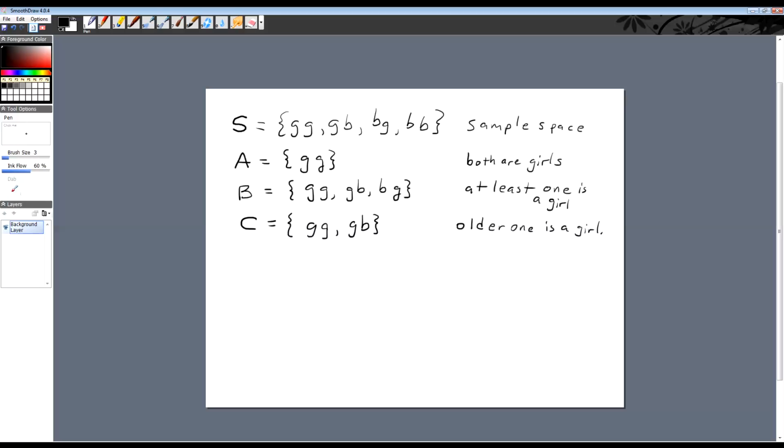Now the problem asks for find these probabilities that both are girls, given that at least one is a girl.